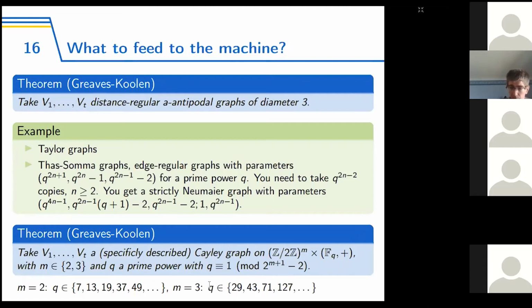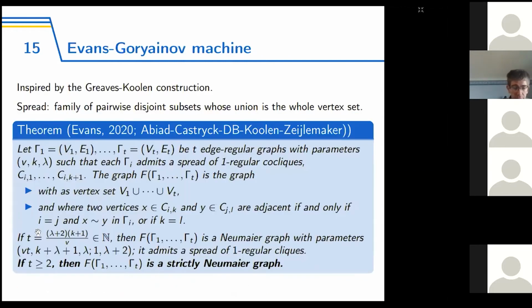Of course, there is a condition on q, but it doesn't work for any q that fulfills this condition. So for instance, if you have m equal 2, you see it works for 7, 13, and 19, but not for 25 or 31, again for 37, and so on. And this is due to the fact that this number t must be an integer, as I said here.